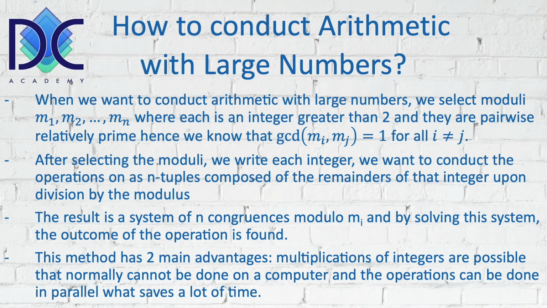What's also very interesting is that the calculations can be done in parallel, so it will save a lot of time because some of these elements are always the same. We will see when we do an exercise, once we have the main values, we can in fact find a solution very easily.